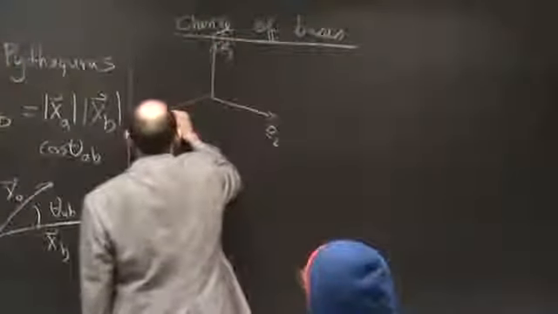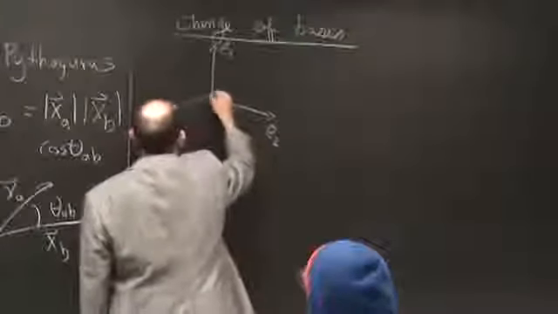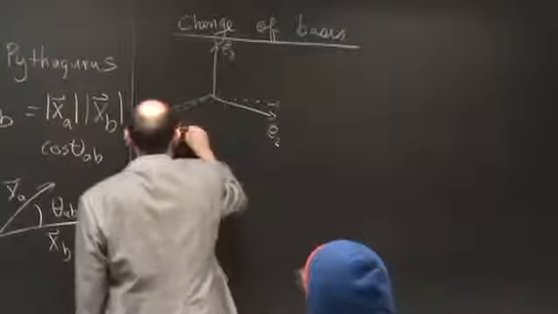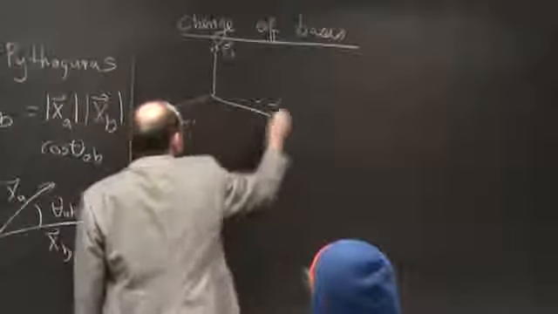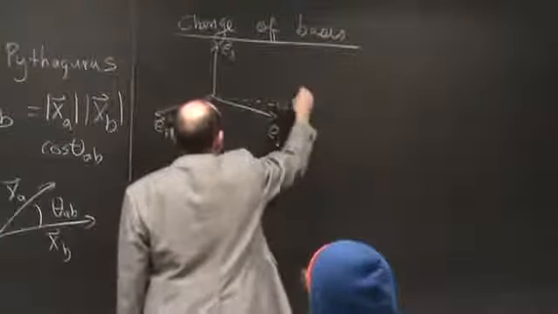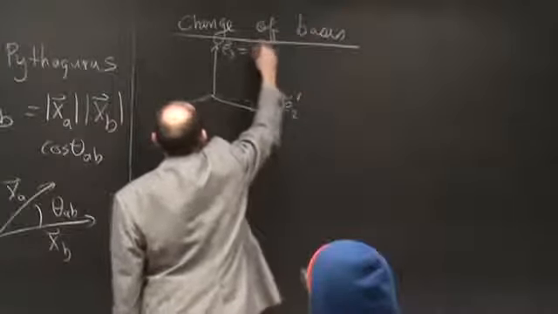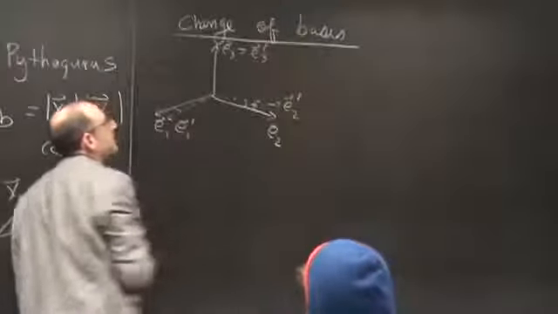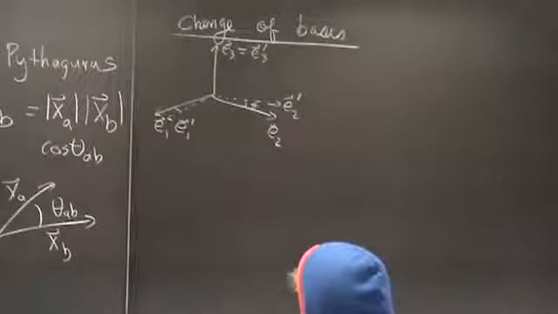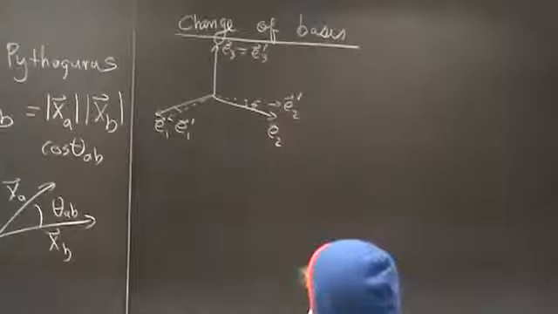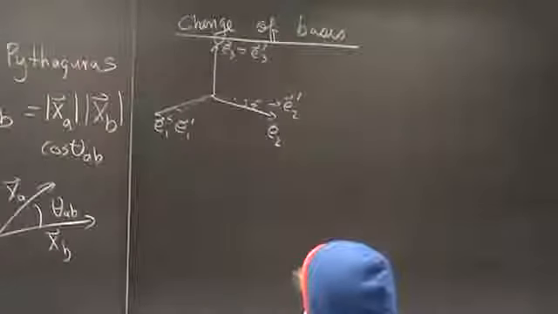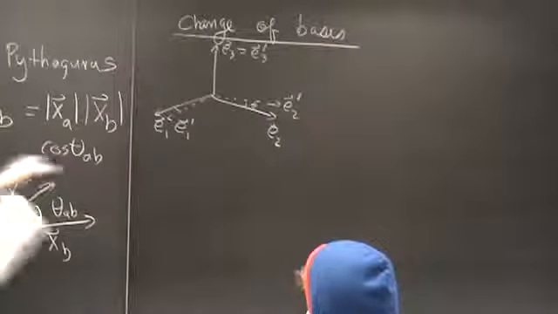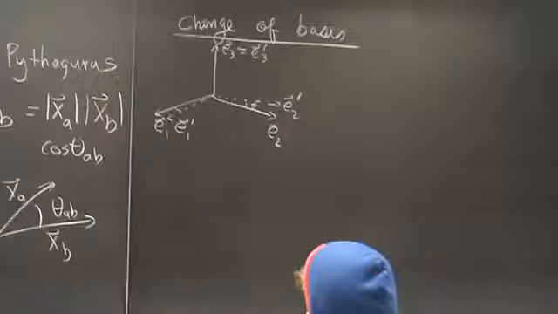And let's say we do a change of basis, for example, a rotation to a new basis where I've rotated, in this case, about the 3-axis by an angle theta. Okay? So I've just rotated, and the new vectors are in the plane there, in the 1-2 plane.